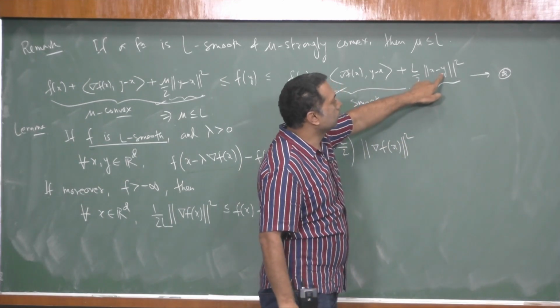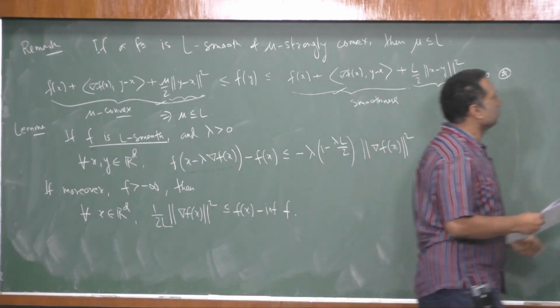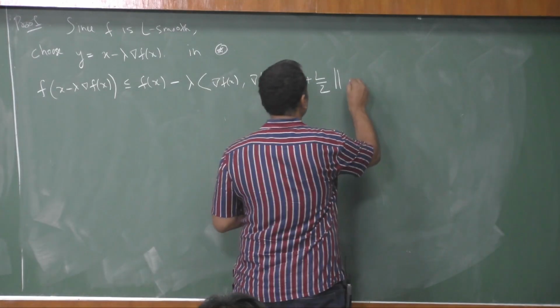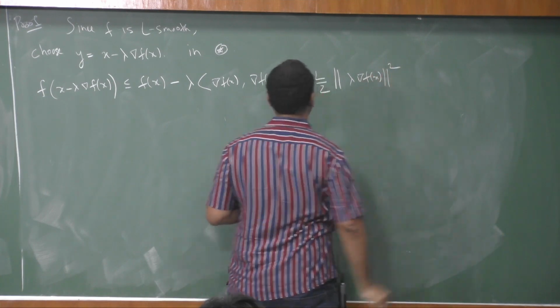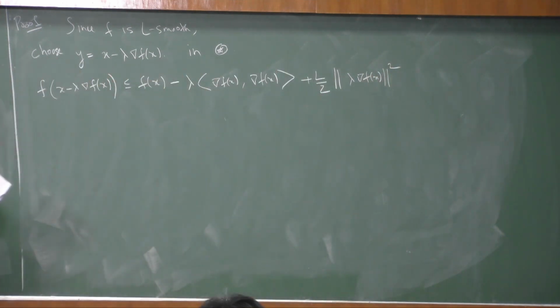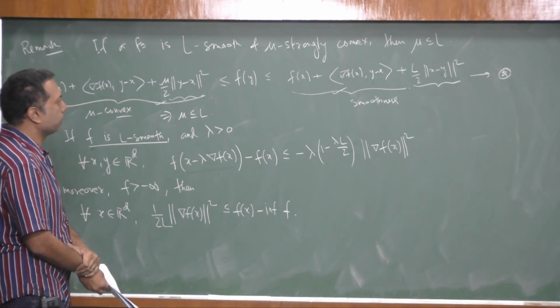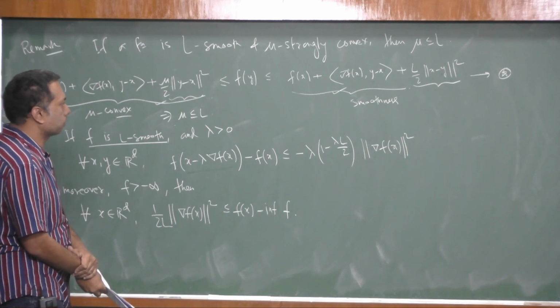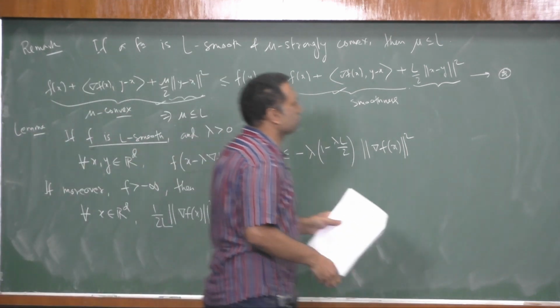Then we have lambda grad f(x) norm squared. Now it's a matter of rearranging because everything seems to be there. Grad f(x) squared has to be taken common. The second term on the right hand side is the norm of grad f(x) squared. So you just have to rearrange this.